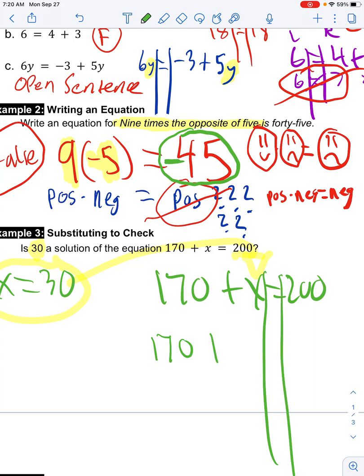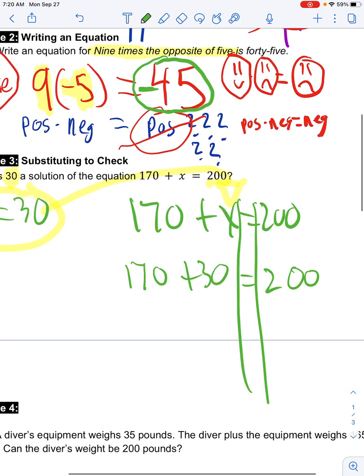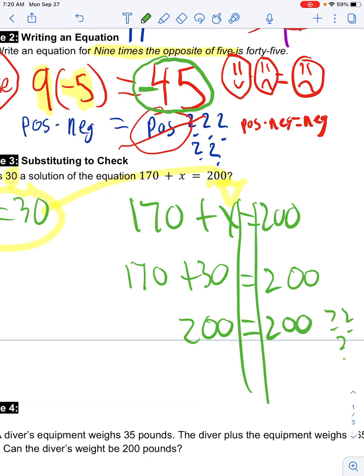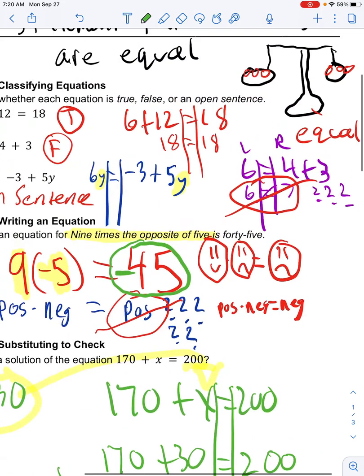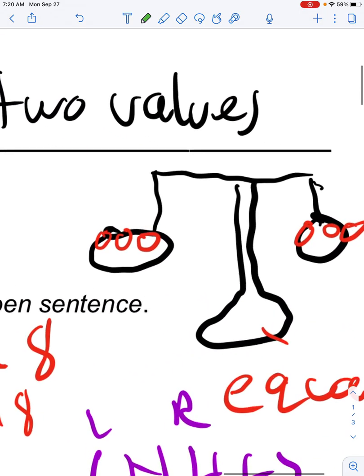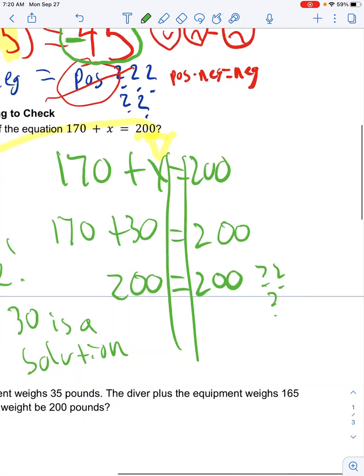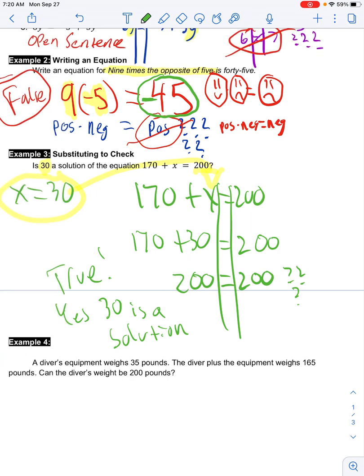So I'm going to separate my left side and my right side, and I'm going to say 170 plus 30 equals 200. 170 plus 30 does equal 200. And so the question is, does 200 equal 200? Well, of course, that is a true statement. So yes, 30 is a solution. I am balanced on both sides. I have the same exact thing on both sides.